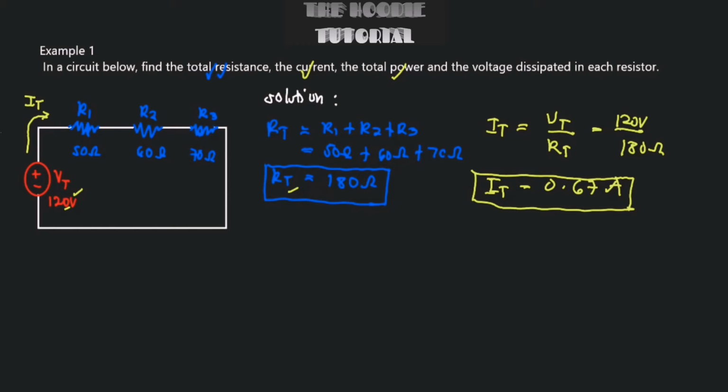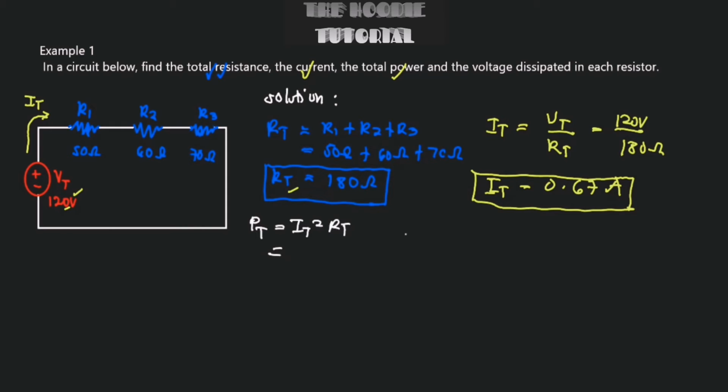Total power, let's find the PT. We can use I squared times RT, since we already have the total current and the RT. We could also use IT times VT. If you use either of those, we would have the same outcome. Right now we use IT squared multiplied by RT.